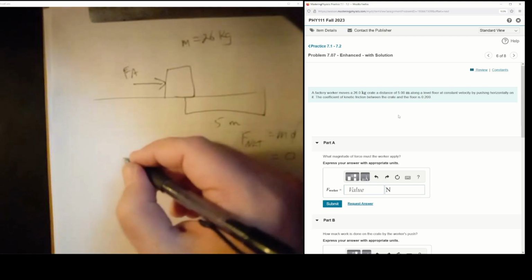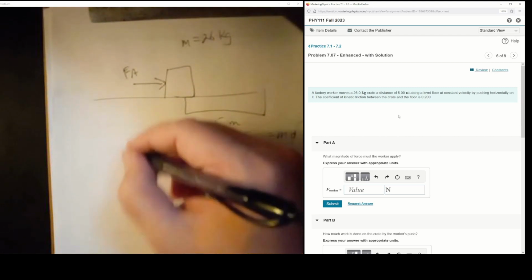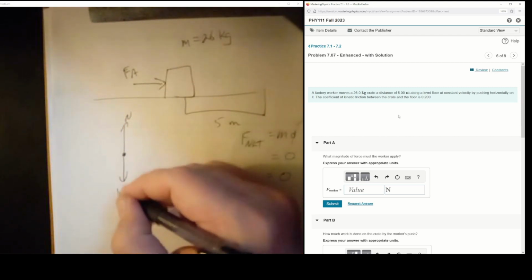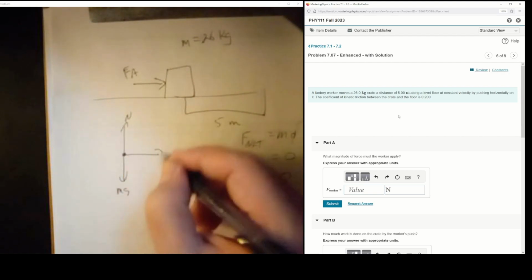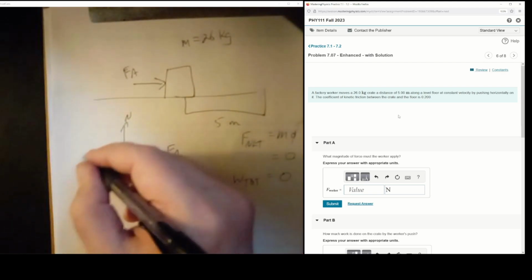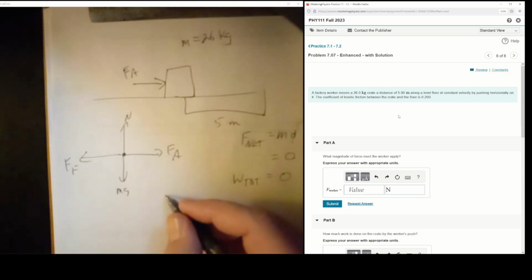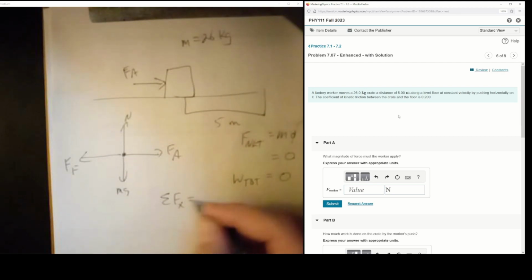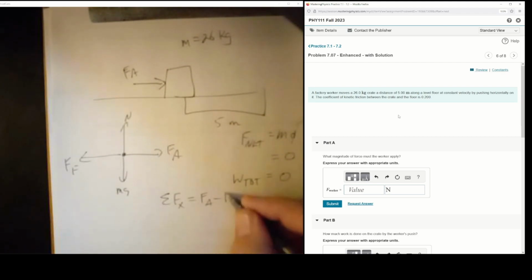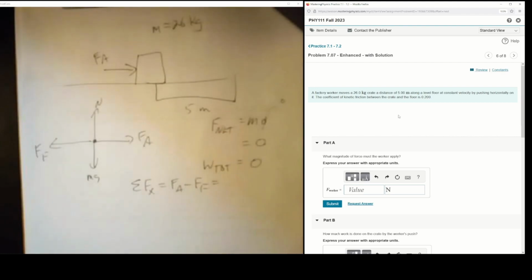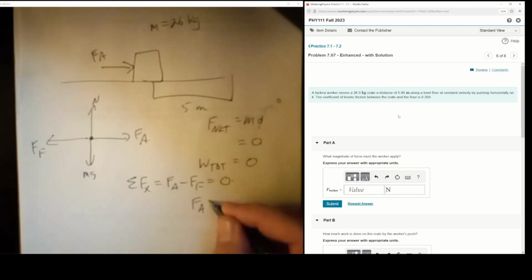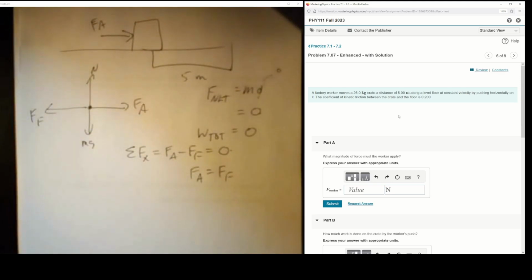So if we looked at our free body diagram here, we got normal up, weight down, our force applied, and then there's a force of friction. And if we sum these forces in the x direction, force applied to the right minus force of friction to the left, Newton says this equals ma, but they're telling us there is no acceleration, so this equals 0, which means the force applied must equal the force of friction for that to be true.